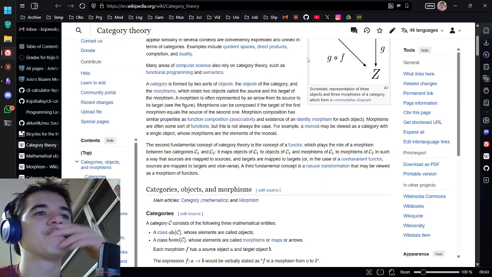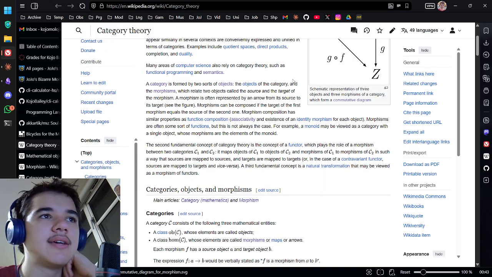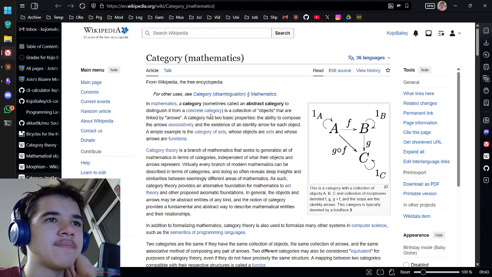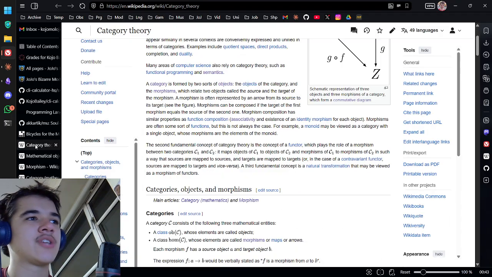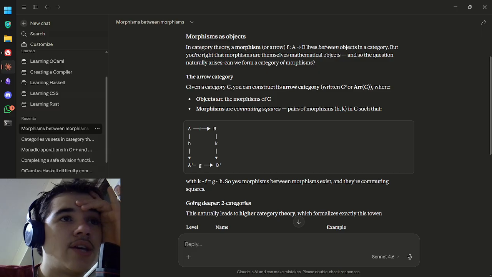So that's cool, and this is a prime example, right? A morphism is an object, and I believe a category is also an object, which I will actually look up here. First of all, given a category C, you can construct its arrow category, where objects are the morphisms of C. Morphisms are commuting squares. Yeah.